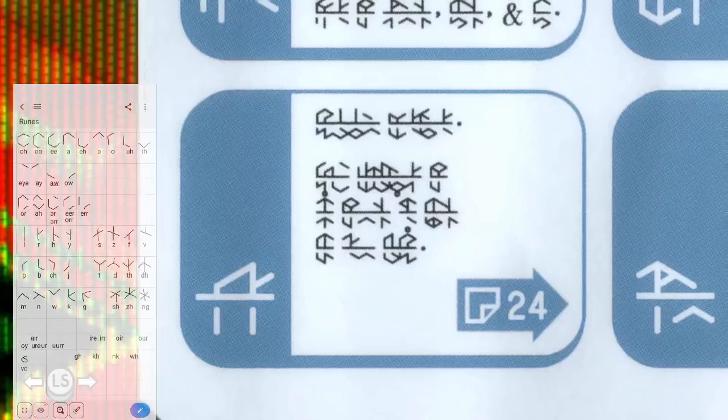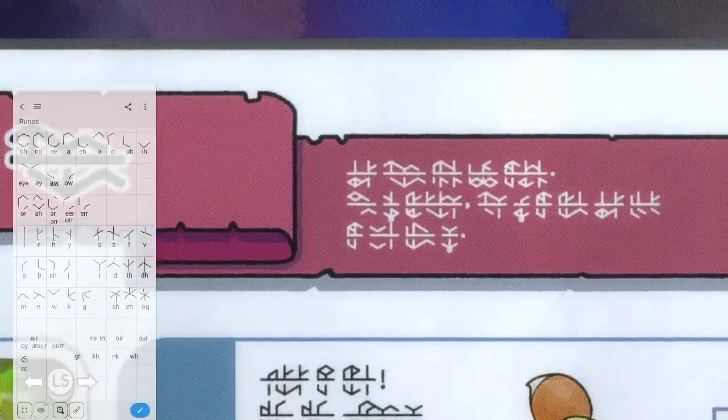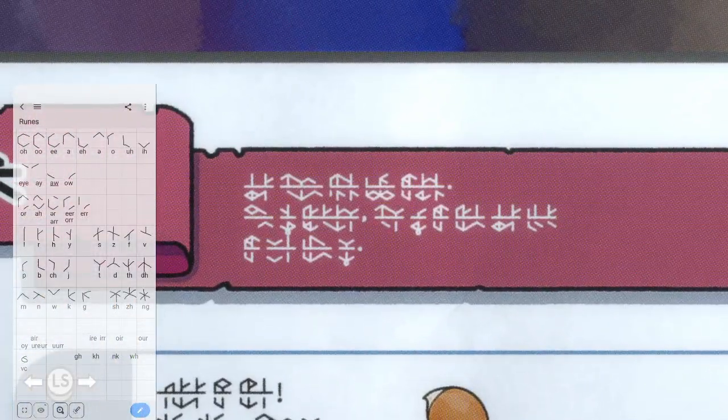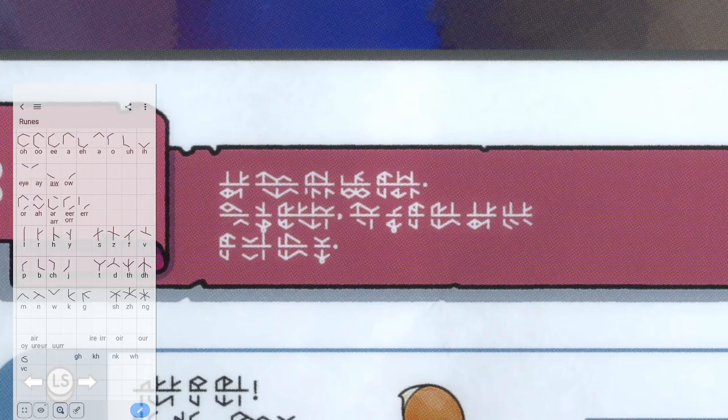Pray on page 24. This button has many uses.